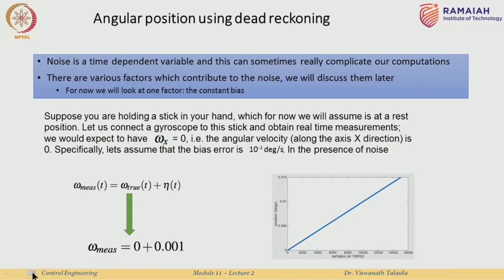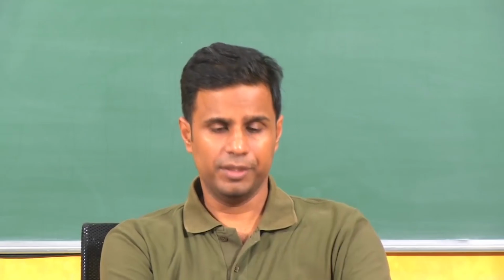Let us see one of the consequences of this. Let us look at a very specific example of one noise parameter, which is a constant bias. What is the meaning of a bias? Let us again take the example of the thermometer.